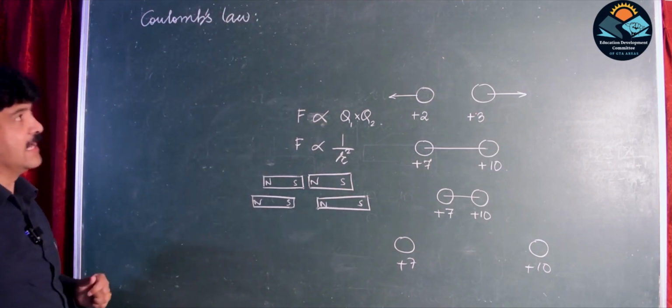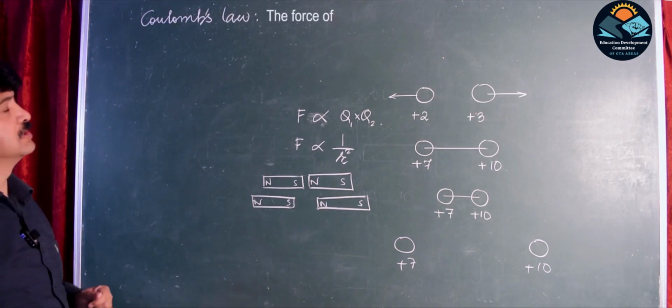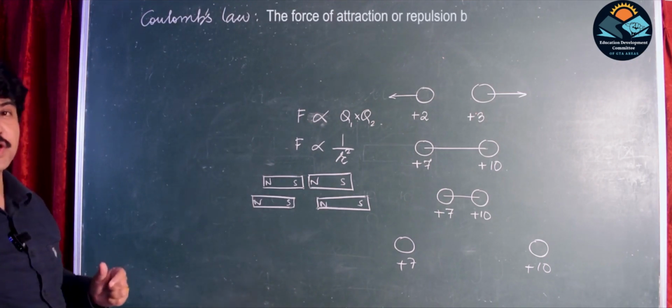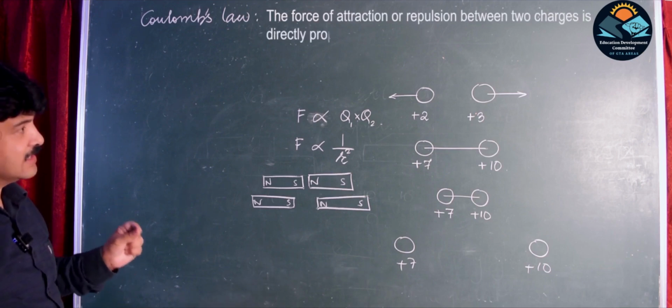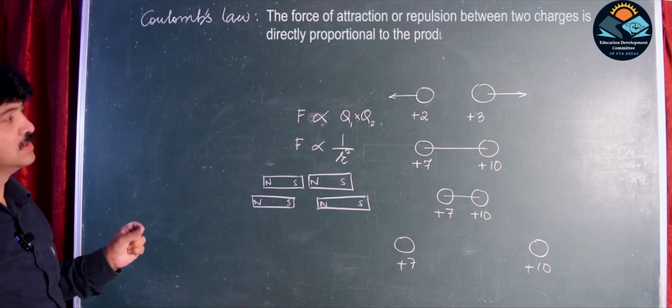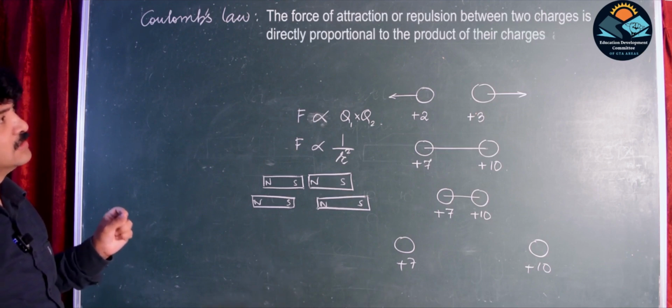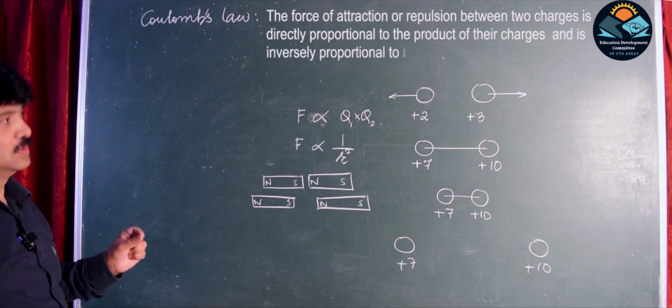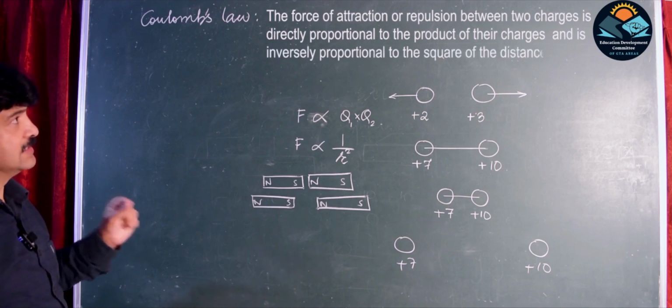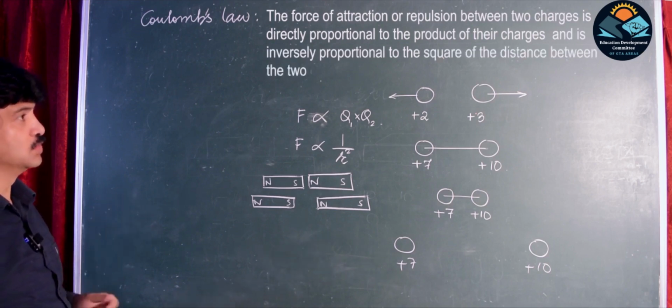The law states that the force of attraction or repulsion between two charges is directly proportional to the product of the two charges and is inversely proportional to the square of the distance between the two charges.